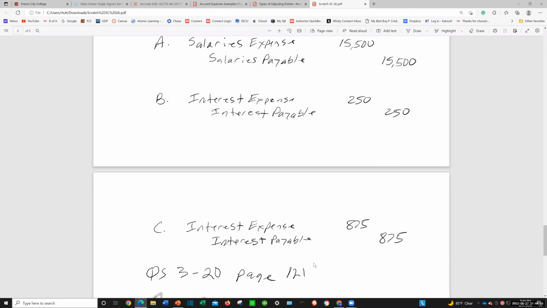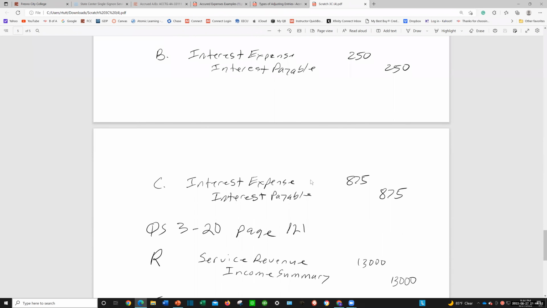So we're going to debit our interest expense for 875. And remember, we incurred the expense, but we haven't paid it yet. So we have to show that we owe the interest. So credit interest payable, 875. Again, interest expense 875, that's a debit. And then our credit is to interest payable, 875. Okay. That's pretty easy. Isn't that nice? I like that when it's easy.